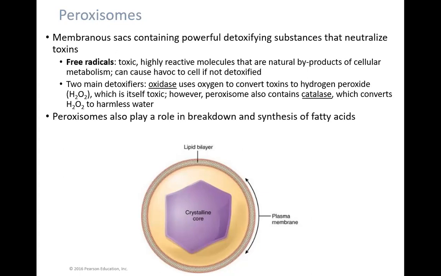Peroxisomes work by breaking down these radicals, what we call the free radicals, using oxidase, and that converts them to hydrogen peroxide. Now, this is the same formula as the stuff you get down at Walgreens in one of them brown bottles, H2O2, hydrogen peroxide. It's an antiseptic. Pour it on a cut, it bubbles and foams, and it doesn't hurt, and it's all good.